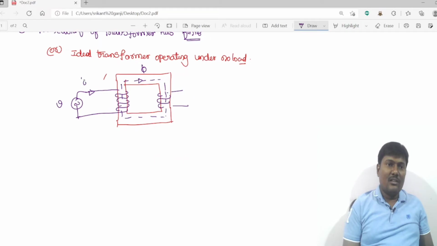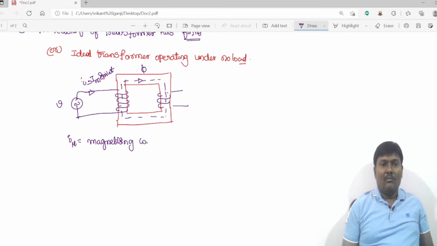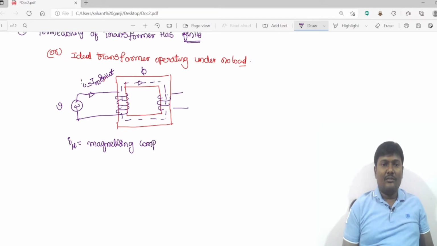This current is called the magnetizing component of current, that is I mu.